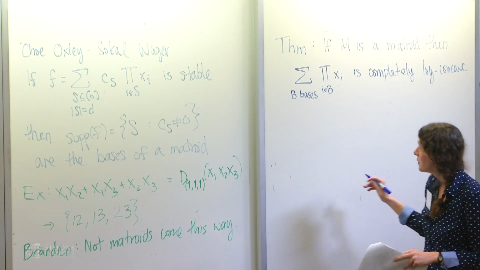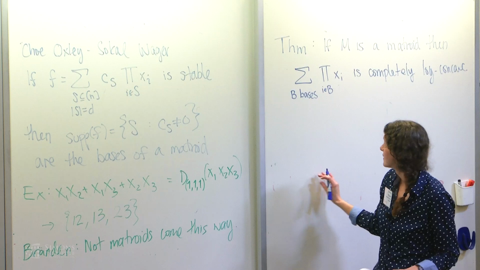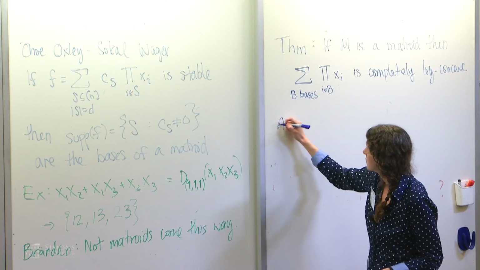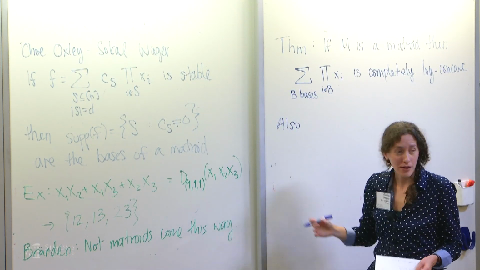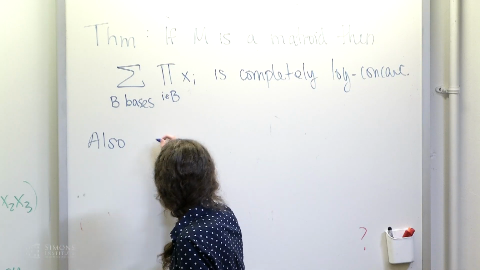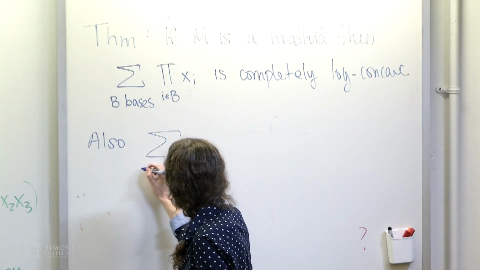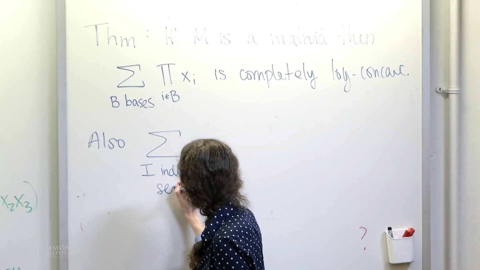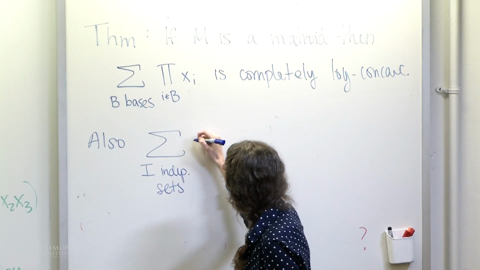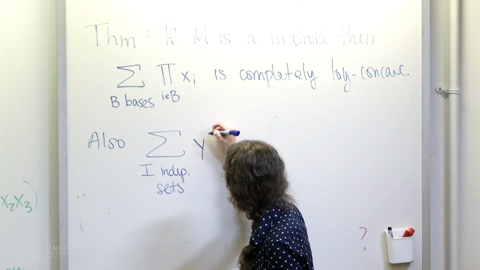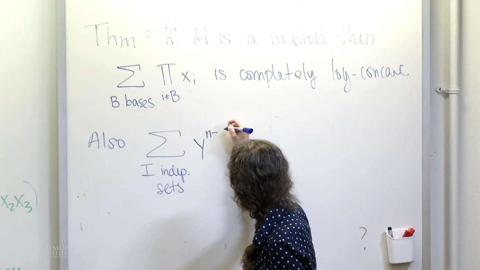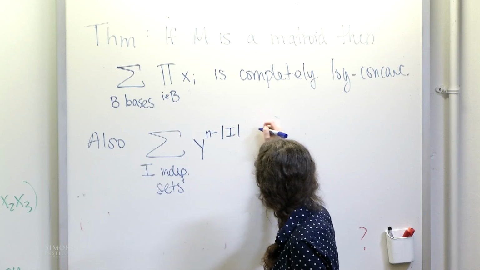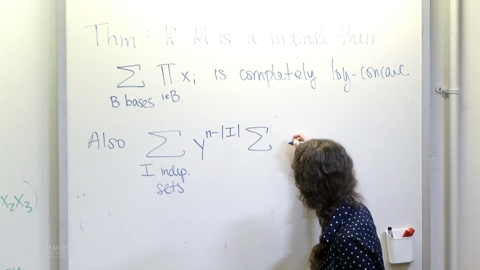And if you want to, for example, get inequalities on the number of independent sets of a matroid, it's nice to know that you sum over all of the independent sets, to take sort of a modernization of the independent set polynomial.